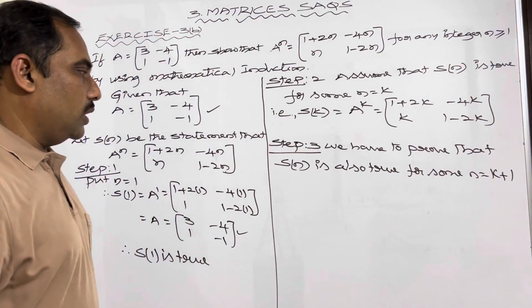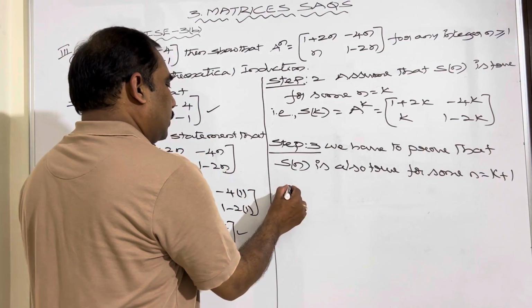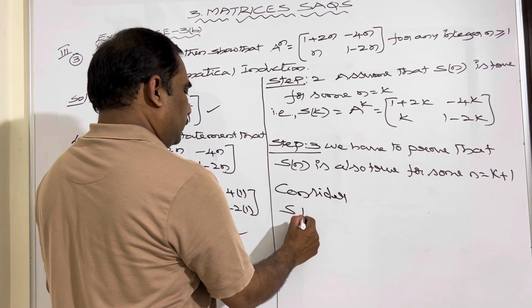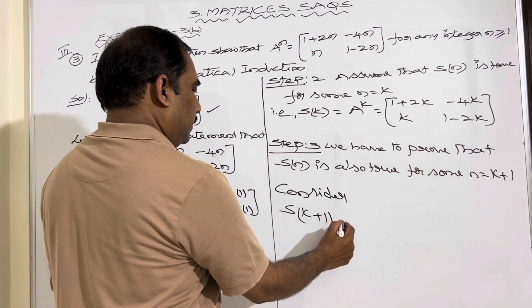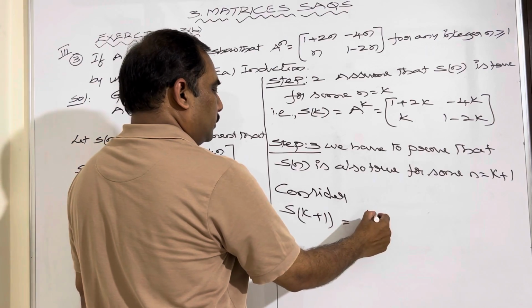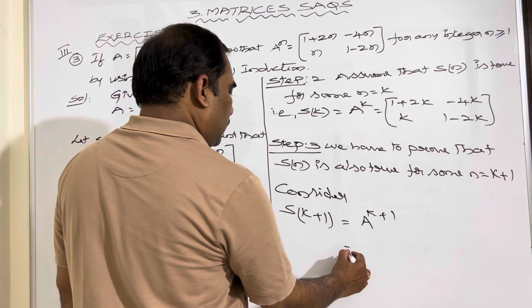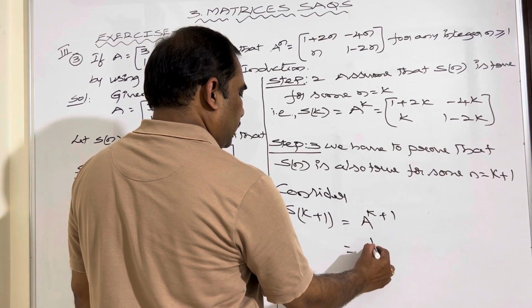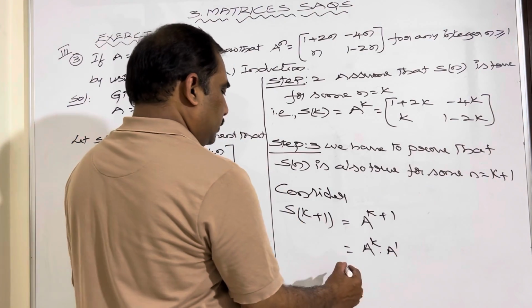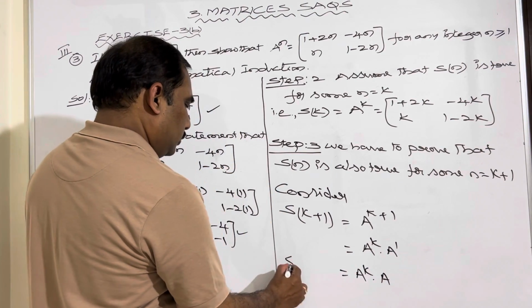So to prove that the statement is true for n is equal to k plus 1 also, consider S of k plus 1, which means A to the power of k plus 1. A to the power of k plus 1 can be written as A to the power of k into A.